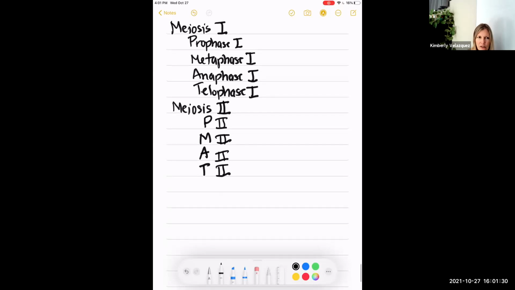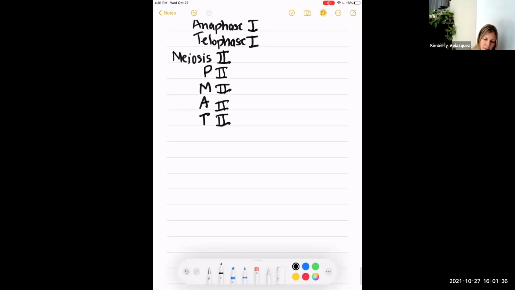As this cell enters Meiosis One, Prophase One, there's something really, really important that happens. I'm going to tell you first, and then I'll attempt my bad drawing on my iPad.